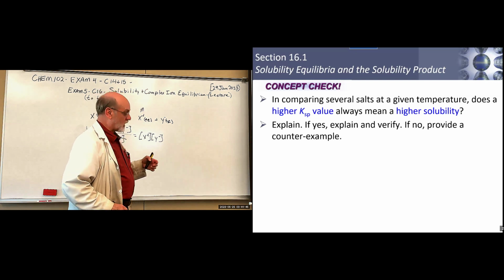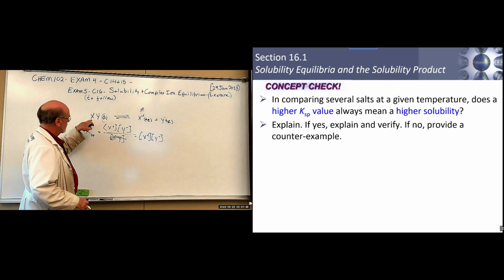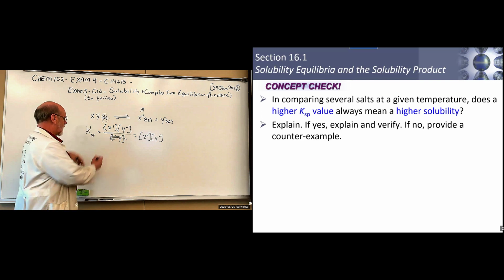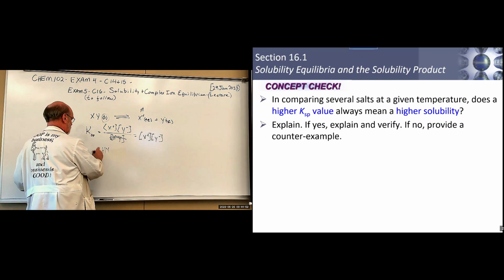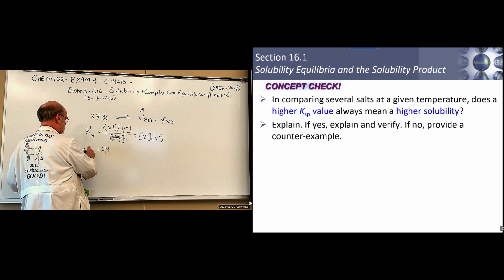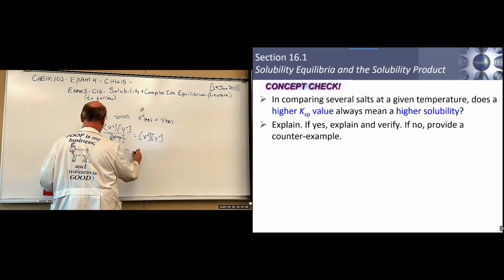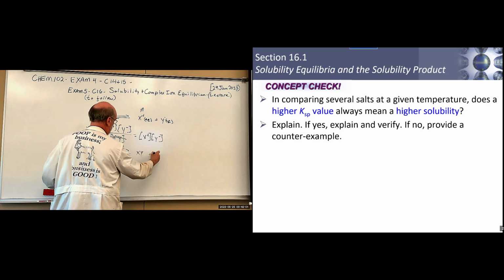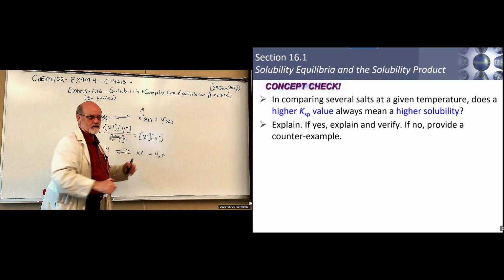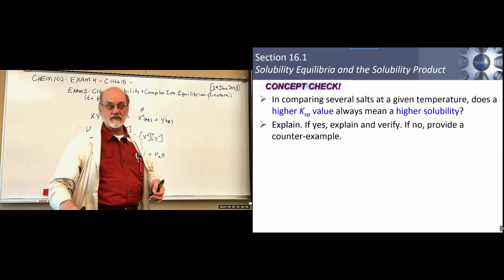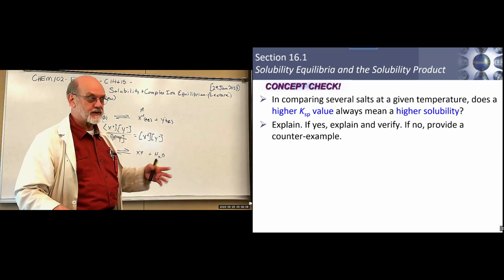So we could derive these from an HY and XOH reaction, and that would give us the XY here plus water. That's why we refer to them as soluble salts, slightly soluble salts, insoluble salts.